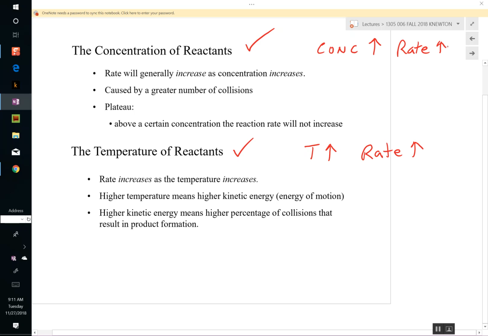Now let me try to help you understand that at a molecular level. For a reaction to take place, let's say you have nitrogen and hydrogen, and you're going to form ammonia. So you have nitrogen plus hydrogen, and you're going to form ammonia molecules.